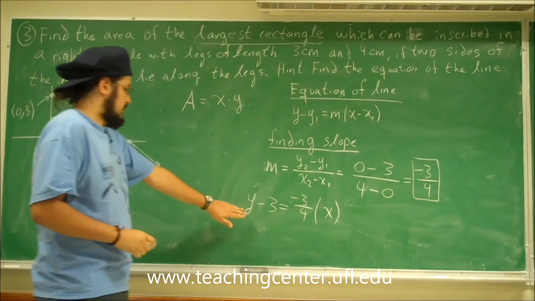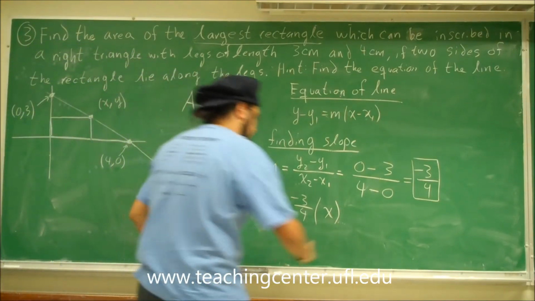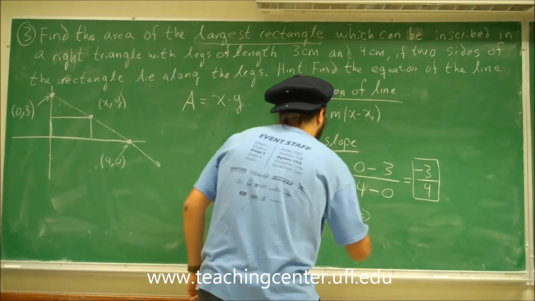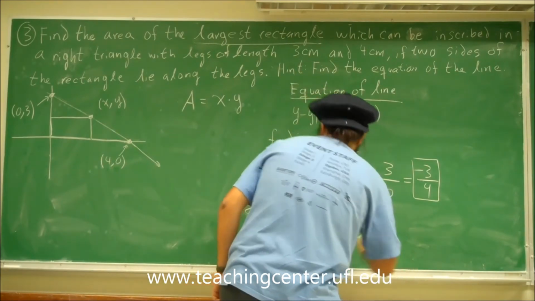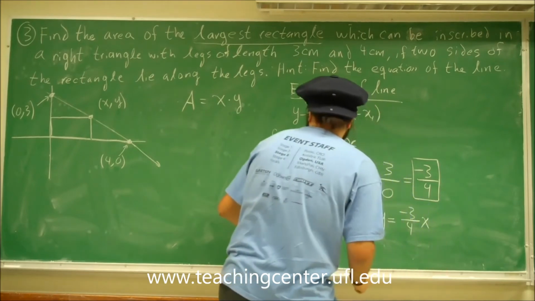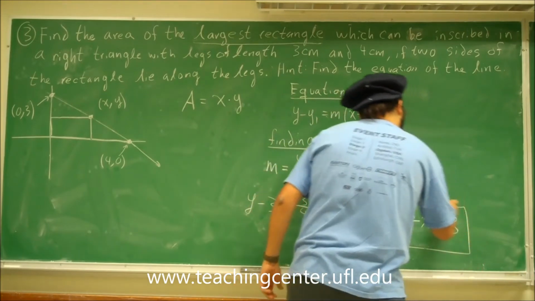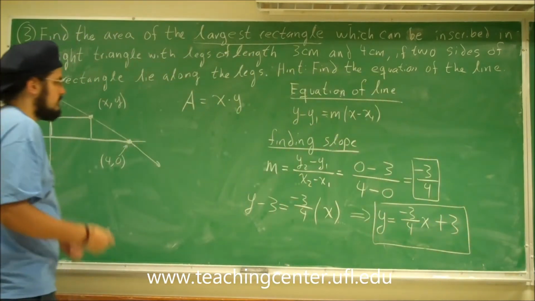Okay? And then now let's just solve for y. Let's add 3 to both sides. So this implies that y is equal to minus 3/4 x plus 3. So that's our y. Good.